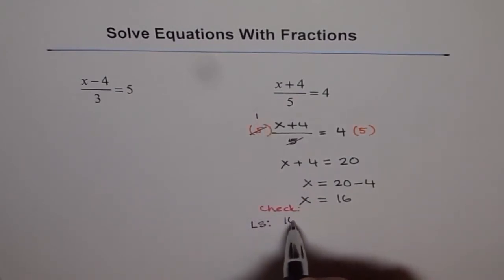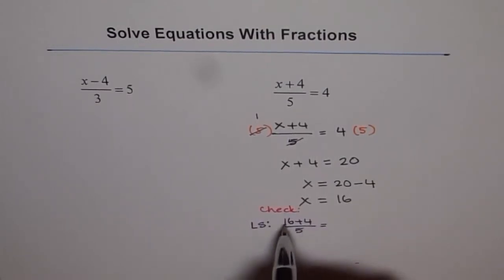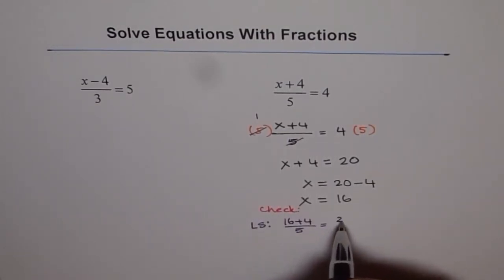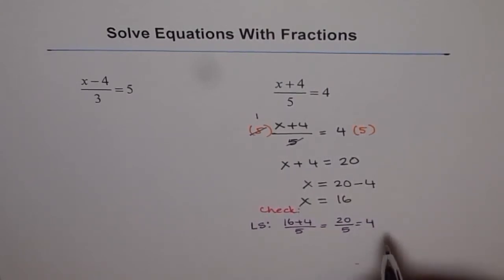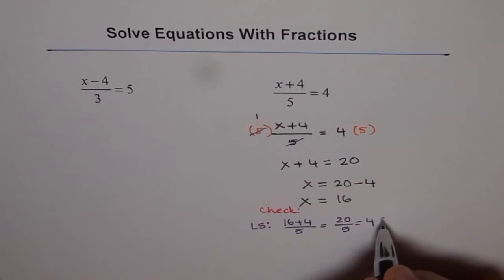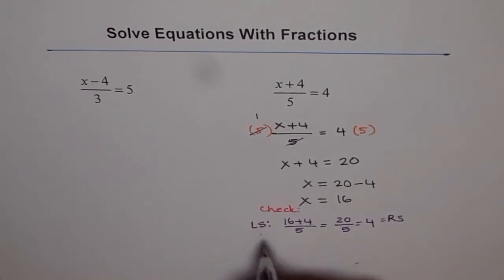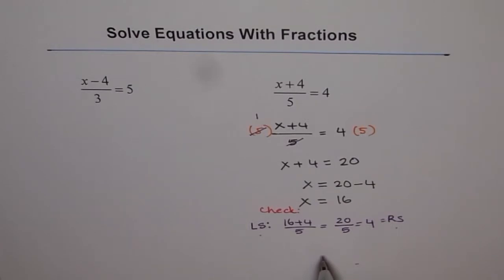So we have (16 + 4) divided by 5. 16 plus 4 is 20. 20 divided by 5 is 4, and that is our right side, correct? So if left side equals right side, then the solution is correct. That's how we answer these kinds of questions.